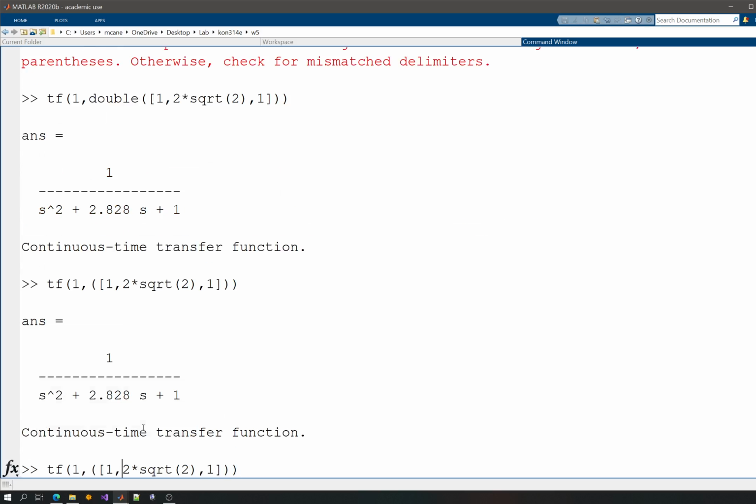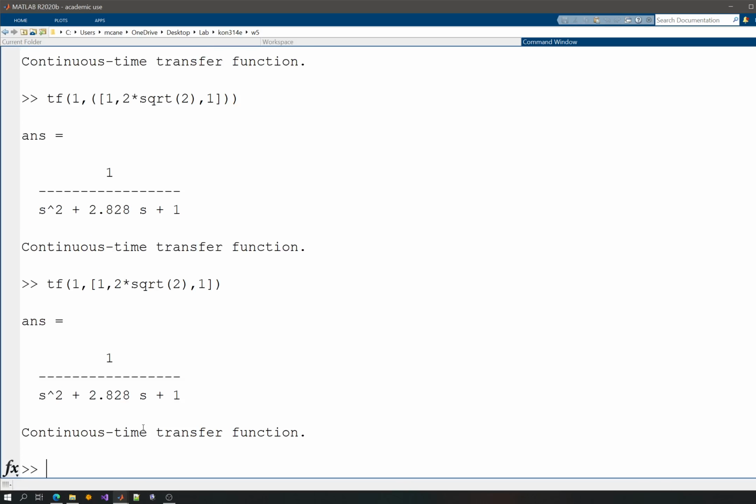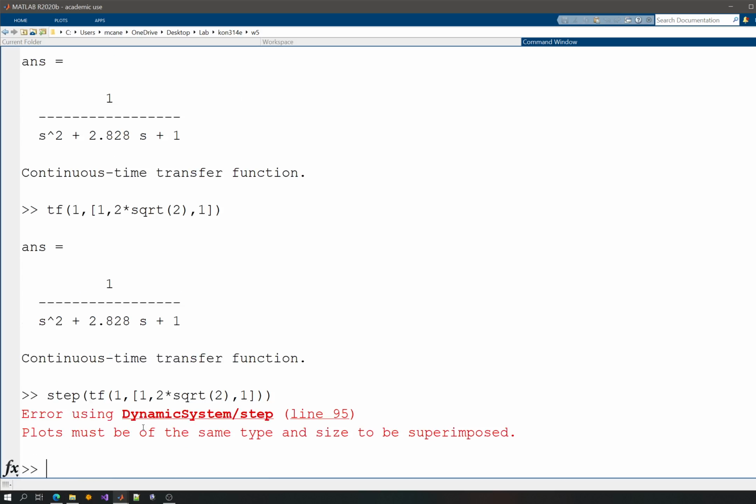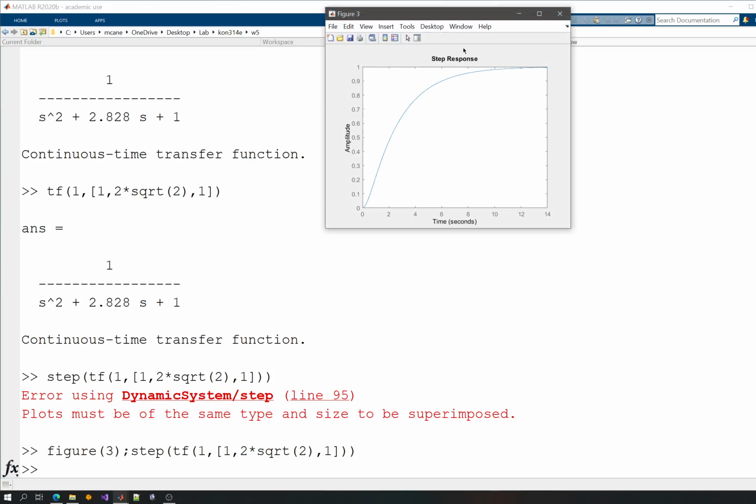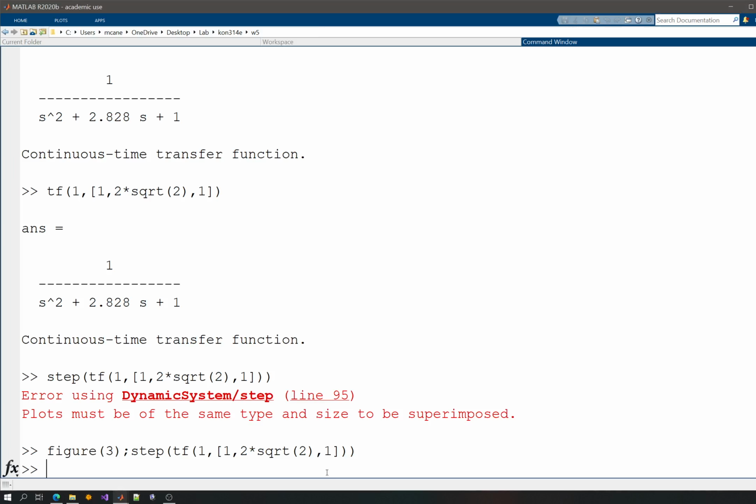It works. Okay, I might have added some parentheses that are not necessary. Then the step function. Oh, come on. What the hell? Put 3 and then plot this. Something with the figure. Oh no, that's not right at all.